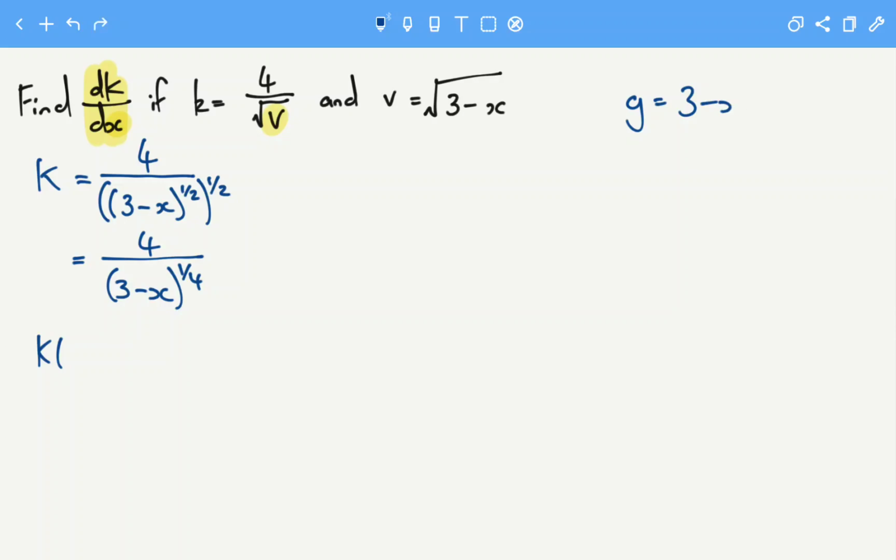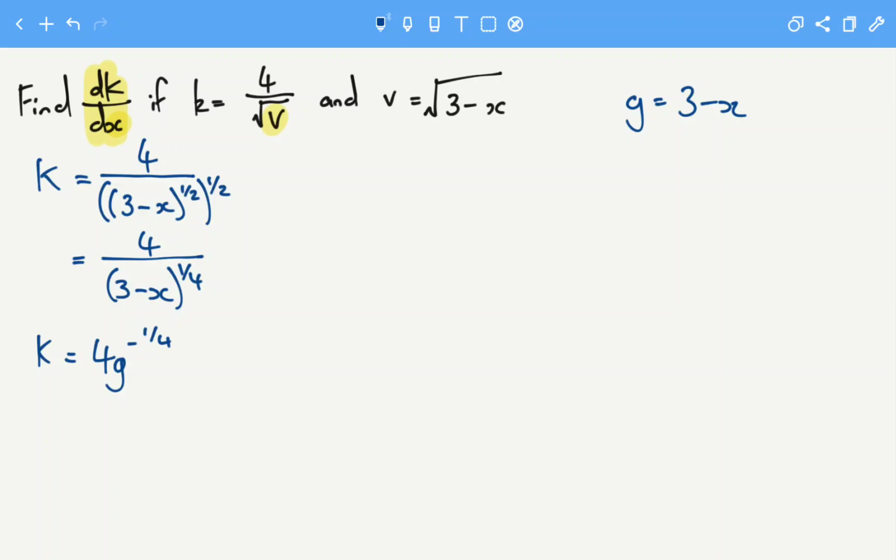And so k now equals 4g to the negative quarter. And that's really sloppy handwriting. To the negative quarter.